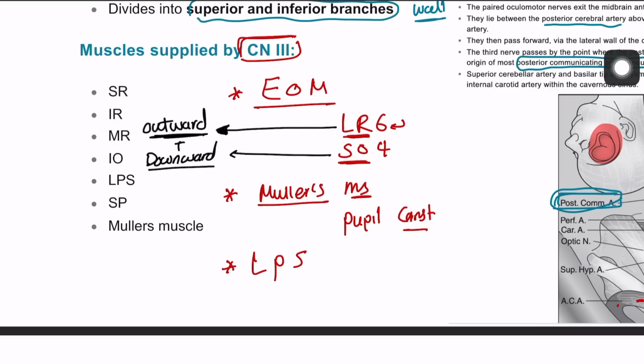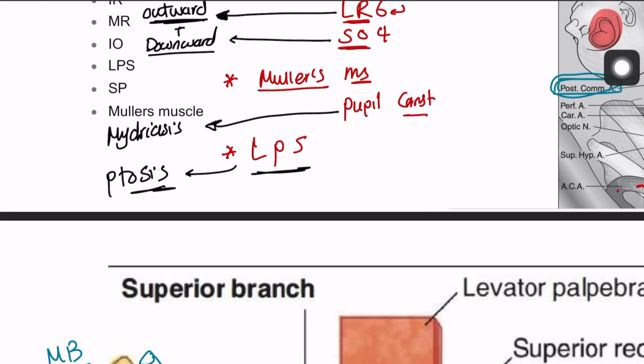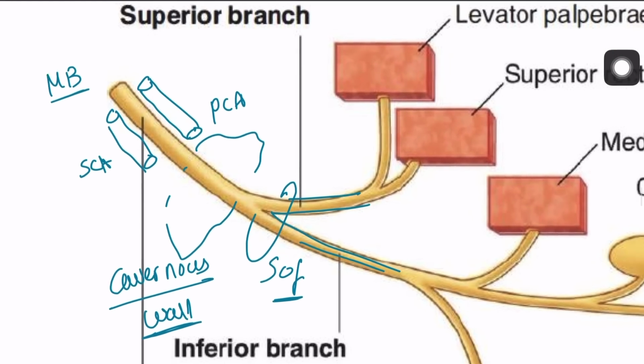So the eye will be pulled outward and downward. The sphincter pupillae muscle is paralyzed, so the pupil will be dilated, mydriasis, and the eyelid will have ptosis. So these are the findings that you can find in cranial nerve 3 palsy.